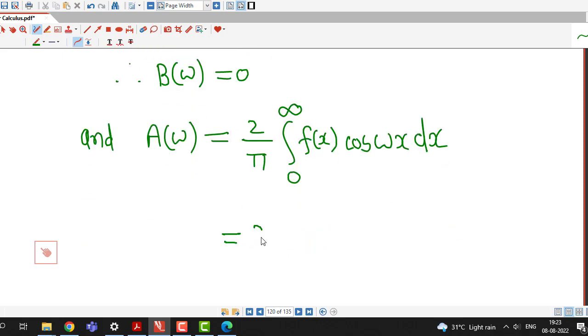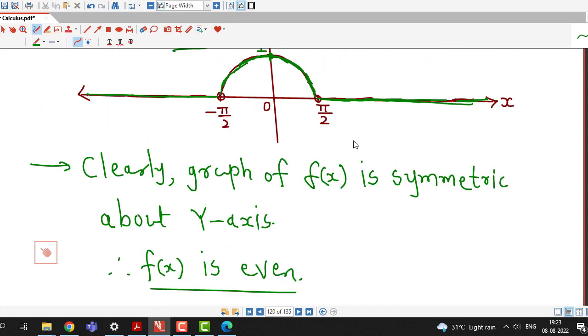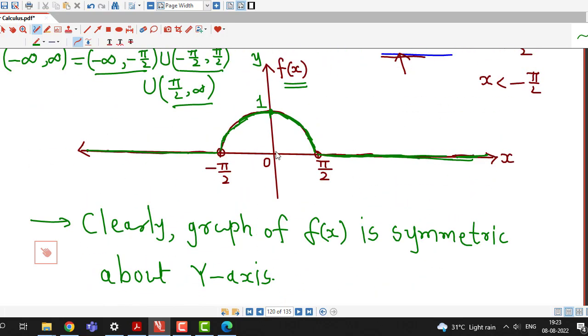Now we have to concentrate on this interval 0 to infinity only. So if we concentrate here, in 0 to infinity also our function is different in different parts. If we consider interval from 0 to pi by 2, value of f(x) is cos x, and from pi by 2 to infinity, value of f(x) is 0.